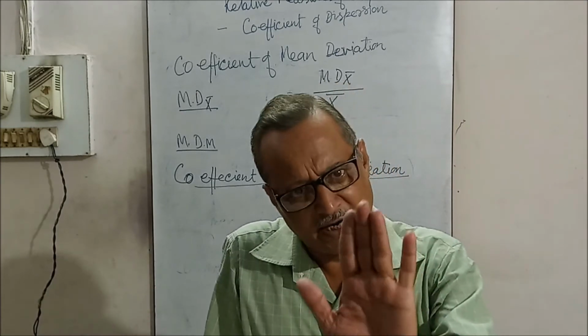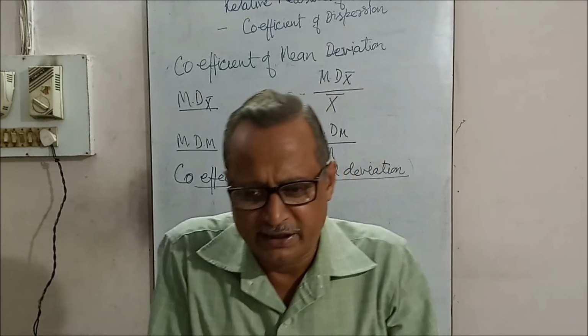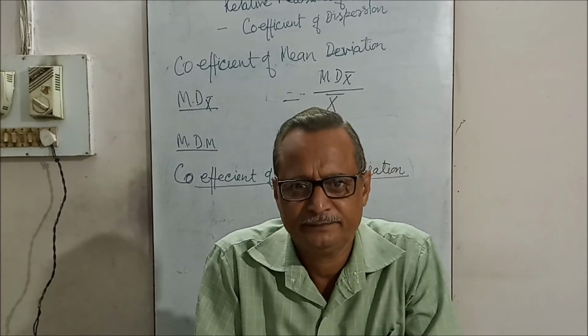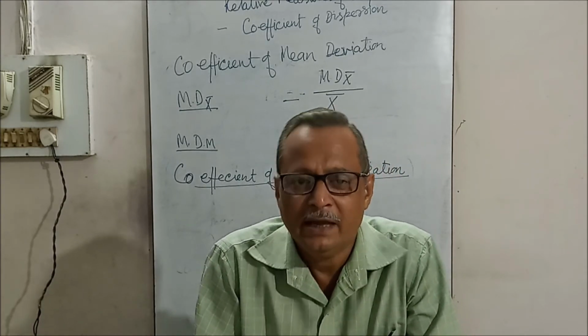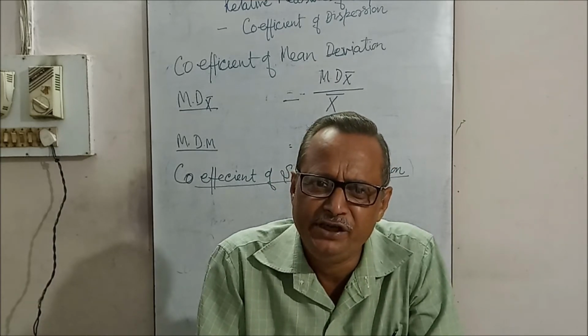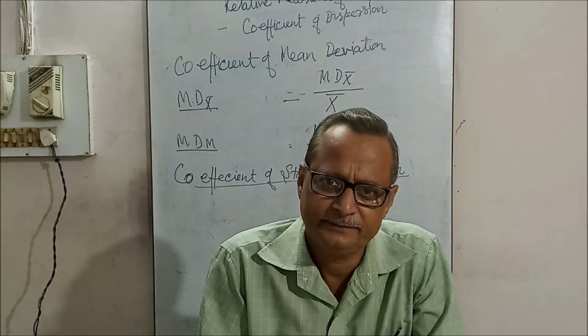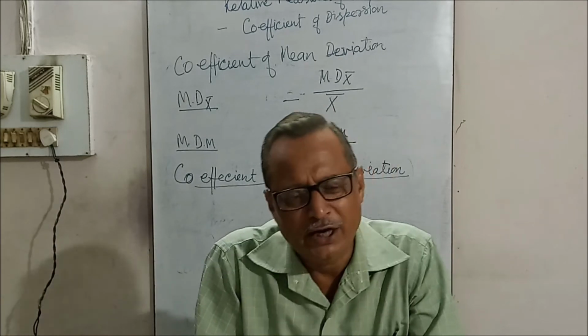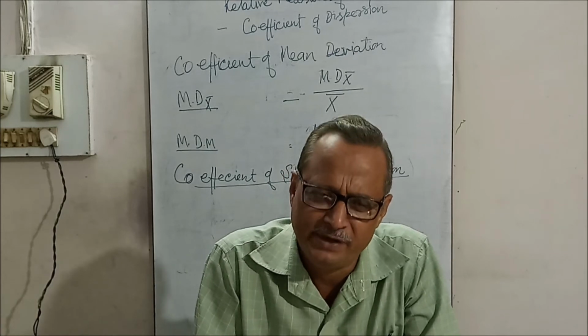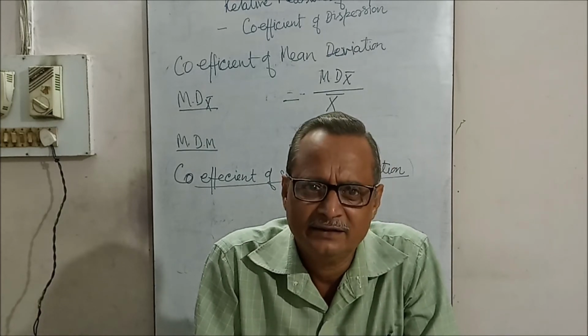It is under root, in the individual series, in the discrete series and in the continuous series. This is also calculated by the actual average mean. But you can use the shortcut method without ascertaining the average mean.